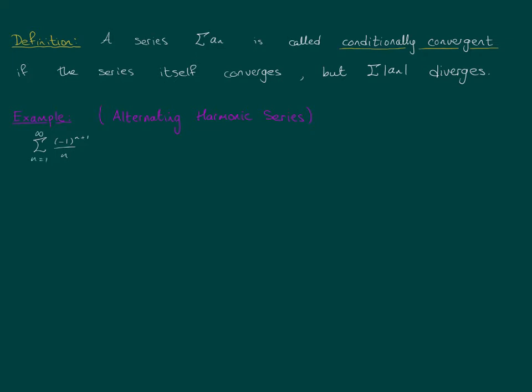So we've seen this does not converge absolutely, because if you look at the absolute values, you actually get the harmonic series, which we know diverges. So this does not converge absolutely.